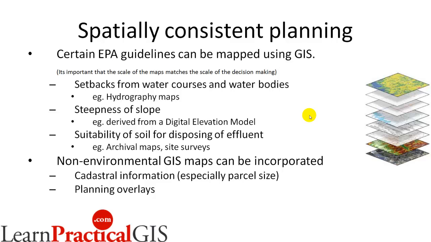Okay, so non-environmental GIS maps can also be incorporated, such as cadastral information. Now, cadastre is the term that we use to describe land ownership. It's a French term, and we look at these things called parcels or blocks and properties. But we'll go into that in another video. There are a lot of videos, as you can see. And planning overlays.